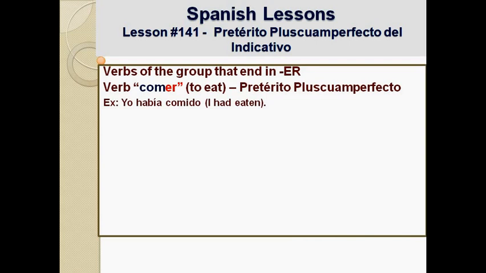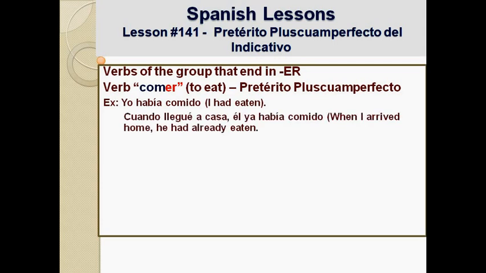I had eaten. Cuando llegué a casa, él ya había comido. When I arrived home, he had already eaten. Here, had eaten is pretérito pluscuamperfecto. In Spanish, it is había comido.